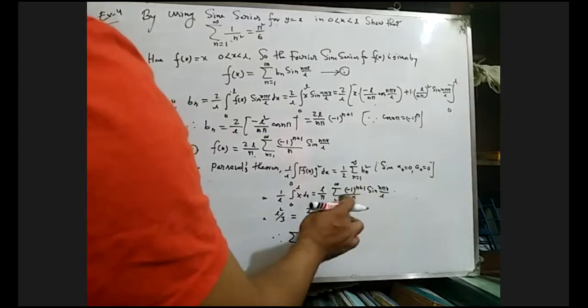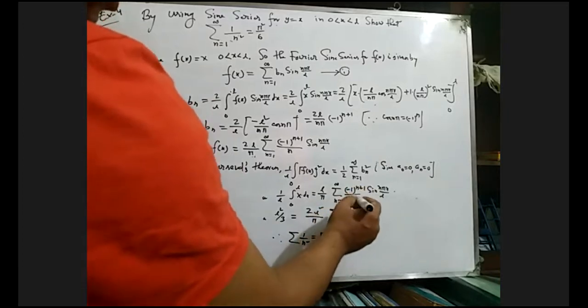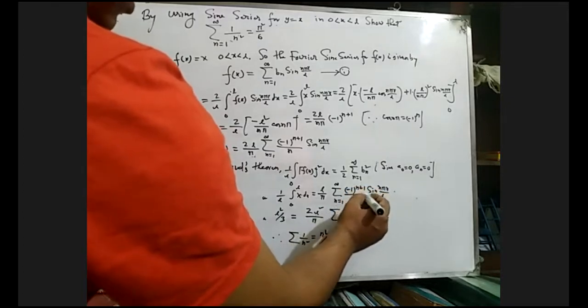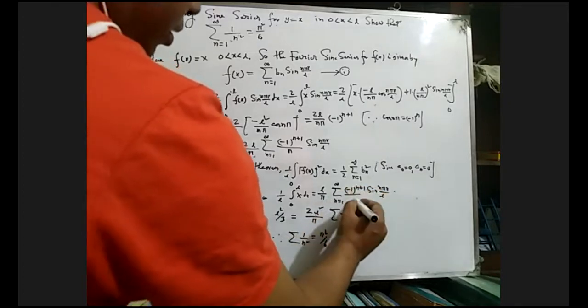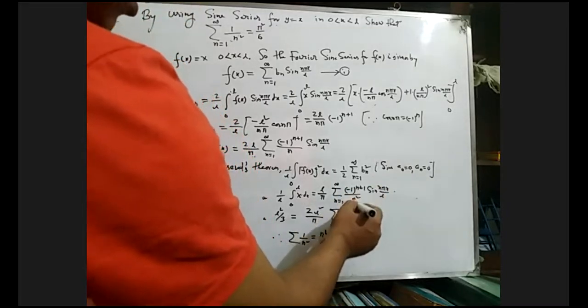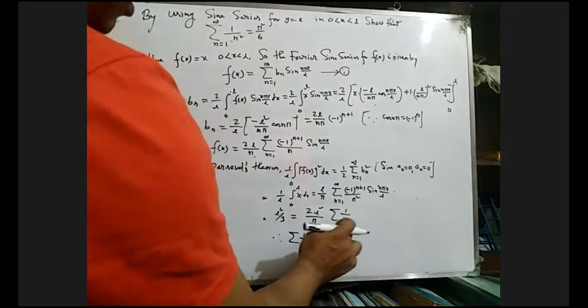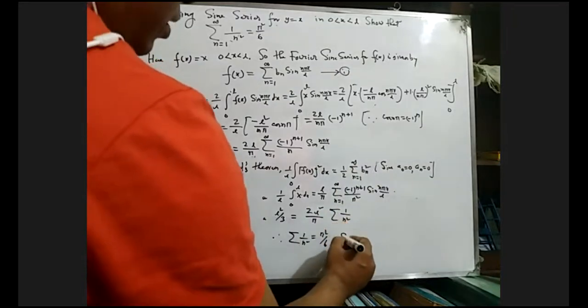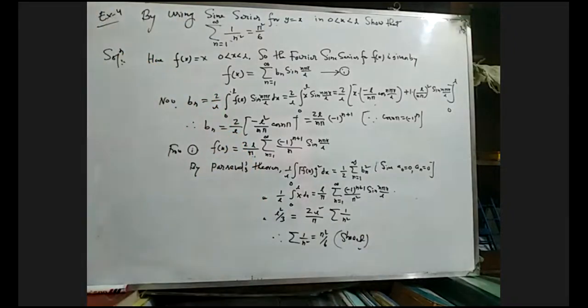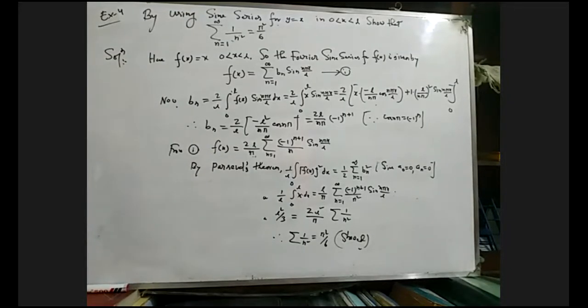Okay, for n equals 2, we get minus 1 to the power what? This will be n square, remember it, n square. For n equals 2, n equals 3, n equals 4, we get this series, remember it. So this is actually the short result. So very easy for you. Understand everybody?